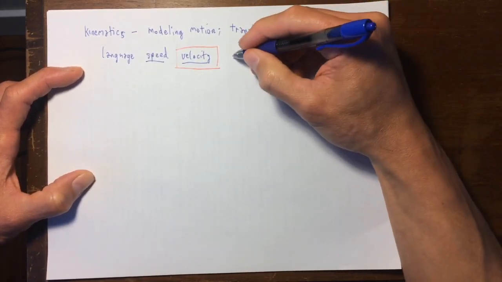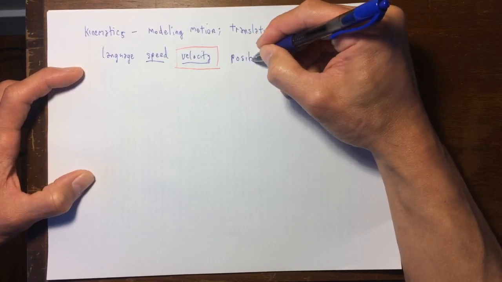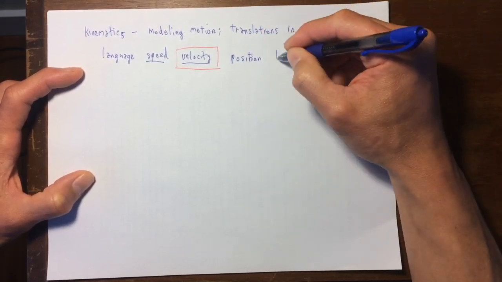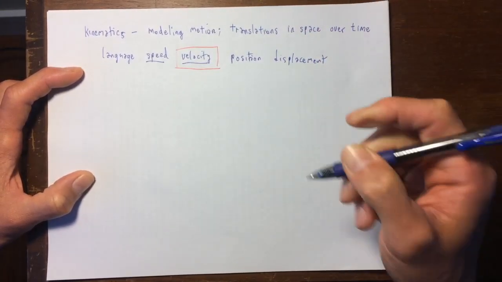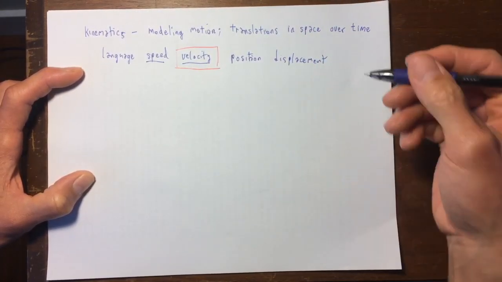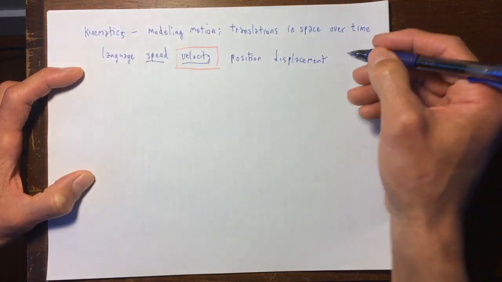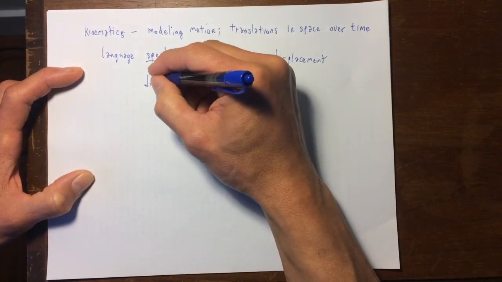Some other very important words are position, displacement. Let's see, another interesting word is distance.